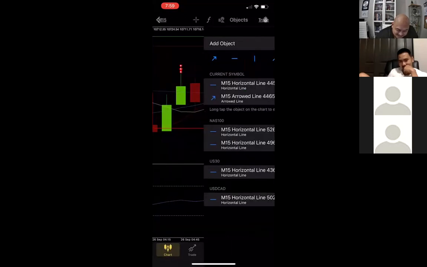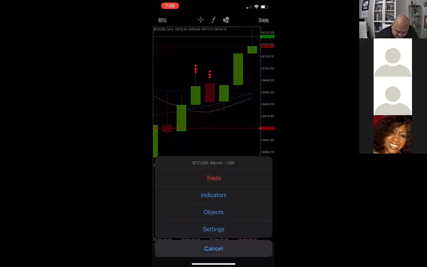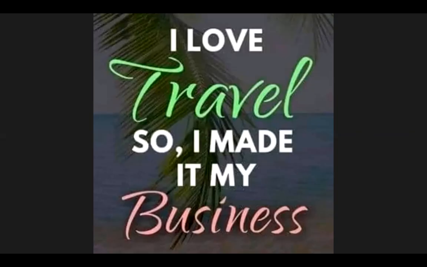What is the big difference? This is Ebony. What is the big difference between MetaTrader and TradingView? Because I hear a lot of the traders say they prefer TradingView. Right. Well, me personally, I'm having a problem with TradingView right now because I've got more than one account and I don't know which one's doing what.